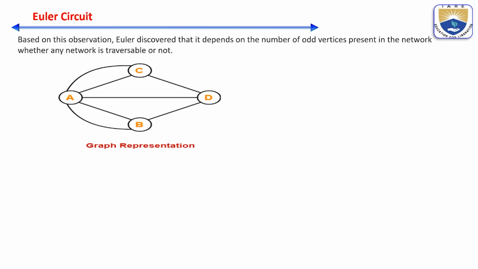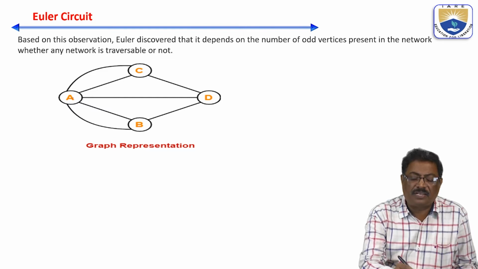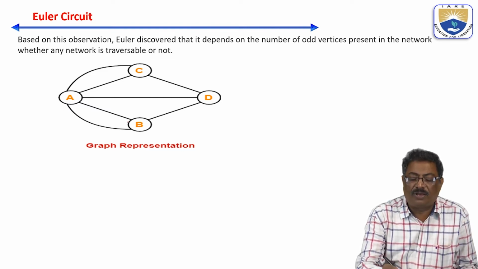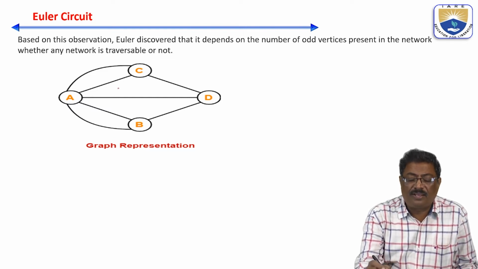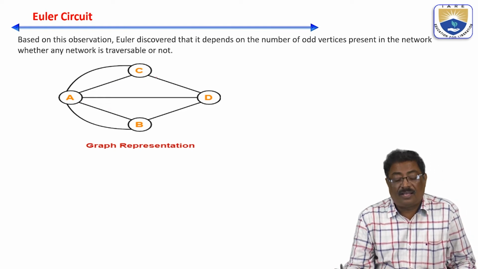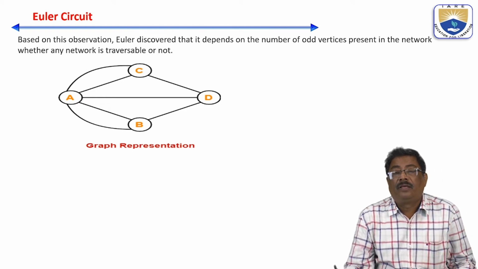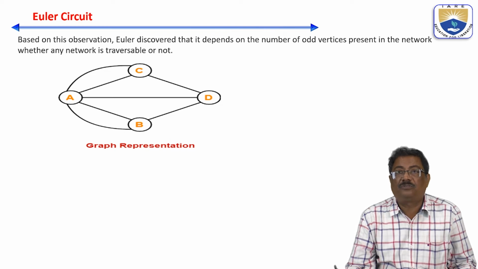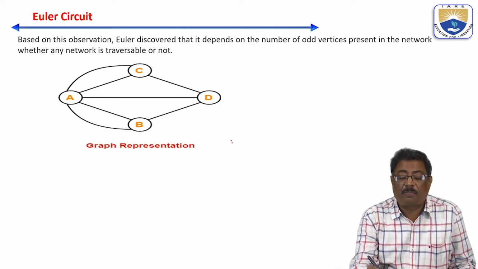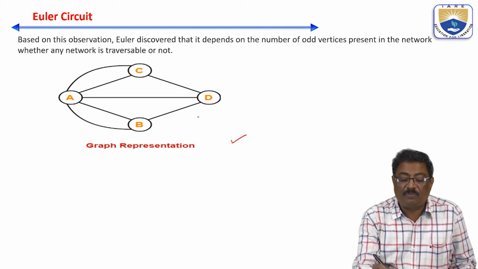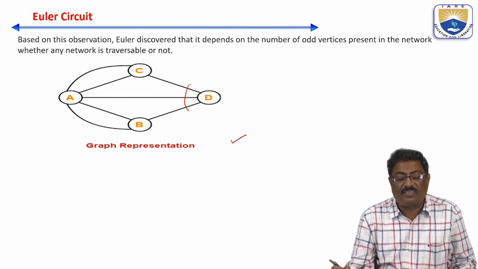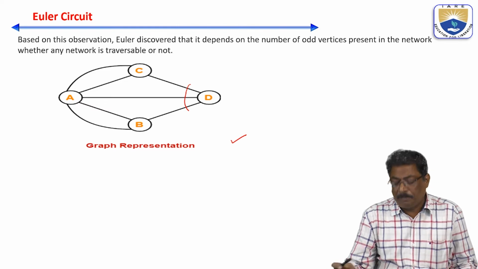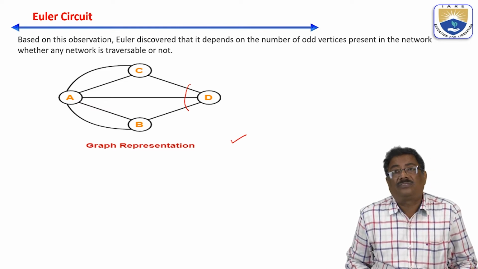This is another way of representation: A to C and B. Just taking it in this way, we check whether an Euler's circuit is possible or not. It is not possible because the degree of this vertex is odd. So it is not possible to get an Euler's circuit.